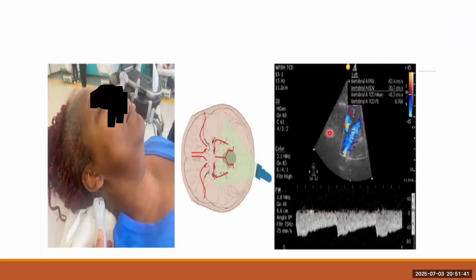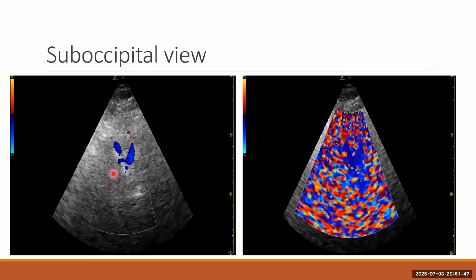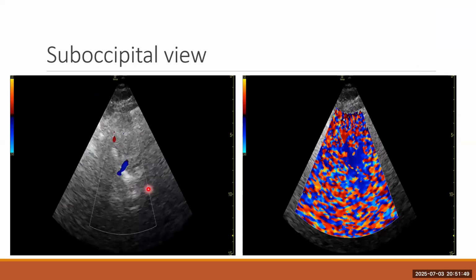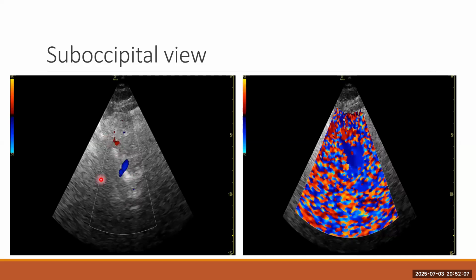This is how the two vertebrals join to form the basilar. This is the suboccipital window through the conventional approach. We can see here the two vertebrals come in and join to form the basilar. We can also see the PICAs, the red ones, which are branches of the vertebrals, being given off on the left image.